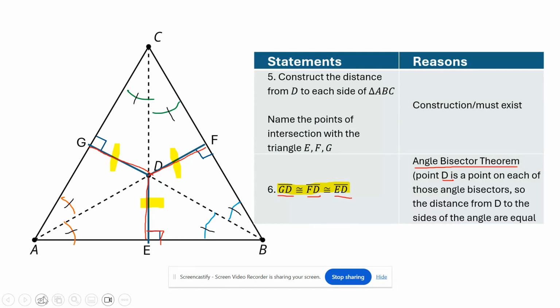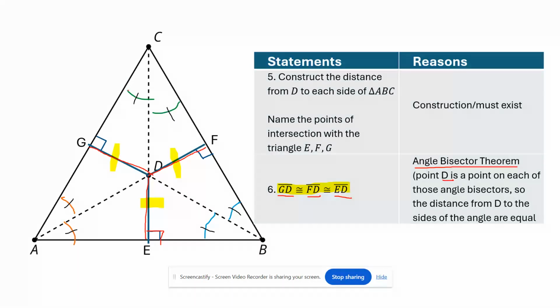So just to refresh, at this point, we know that all of these angles are equal, okay? All of these sides are equal, and then we also have, because it was a distance, all these right angles, okay?